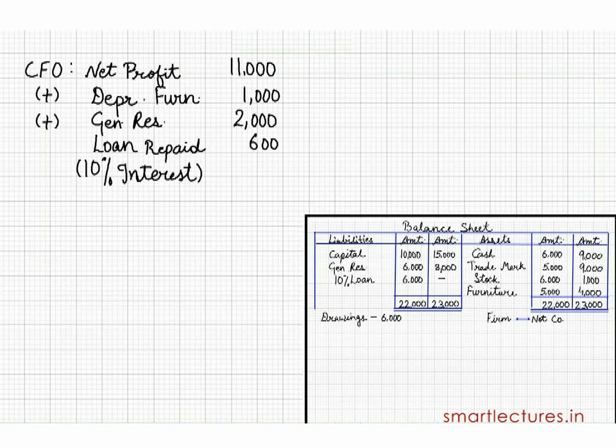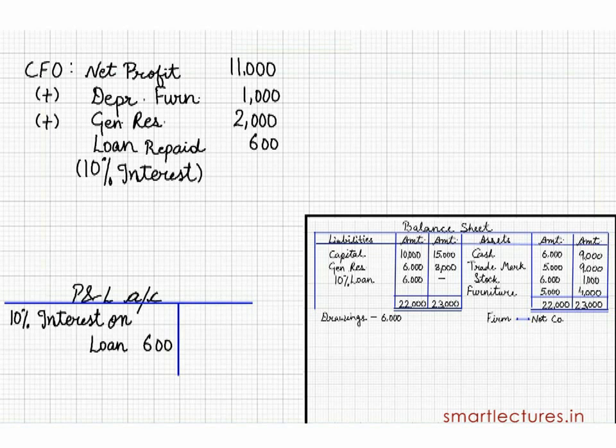But one thing should be clear to you: cash from operation is the net profit calculated on the basis of cash items and operating items. This firm has paid 600 rupees as interest. If it has paid 600 interest, it must be appearing on the debit side of the profit and loss account. And you have got the net profit of rupees 11,000. It means this 11,000 profit is also influenced by rupees 600, and this is a non-operating item.